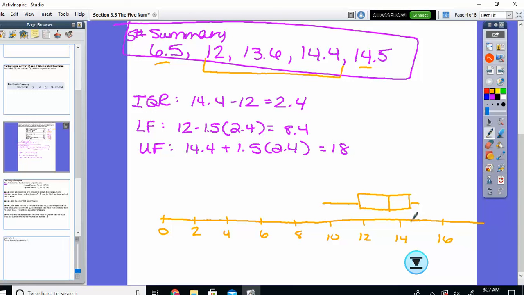And then since we have an outlier at the 6.5, what we do is we put an asterisk out there. So that shows me there was a point there, but I don't want to draw my whisker all the way down to that because it is an outlier.